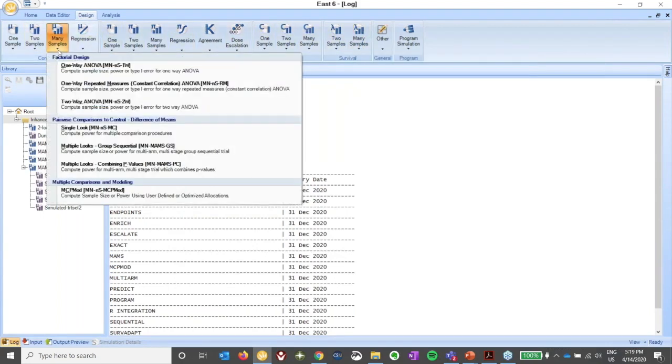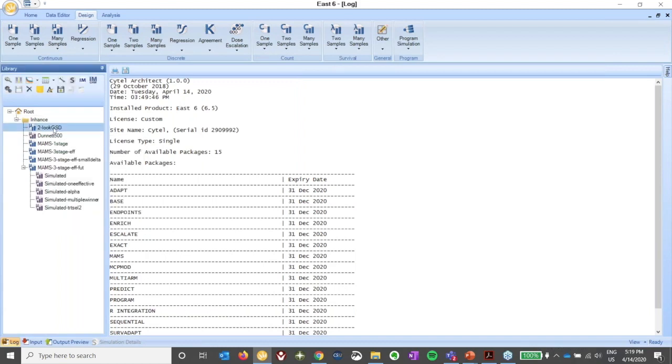So under the continuous, normal type of endpoints, we have the multiple looks group sequential methodology, which is what we're going to be illustrating today. That is also the home for the p-value combination approach by Posch. This is also the home for the multi-arm module, which I mentioned earlier, which is the fixed single stage procedure for comparing multiple arms to control, which I'm also going to be trying to connect with the case study that we're going to be using today.